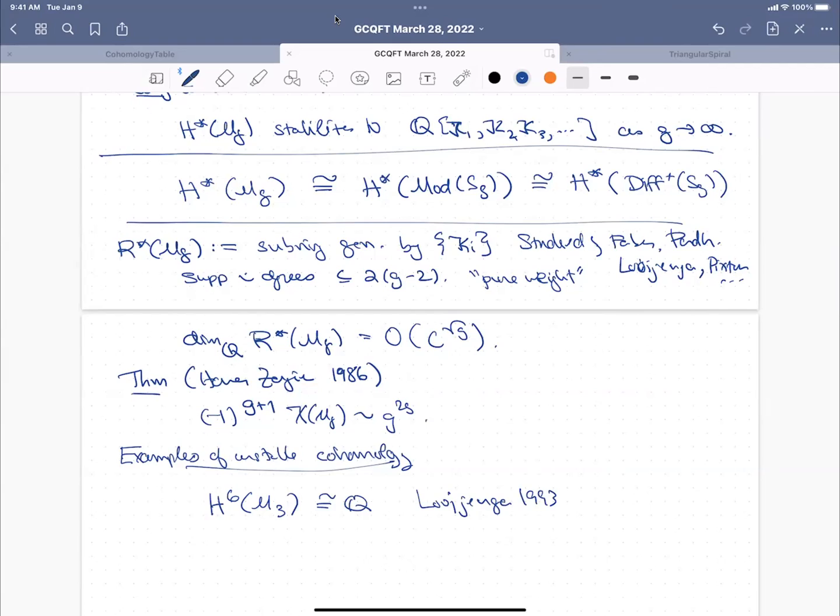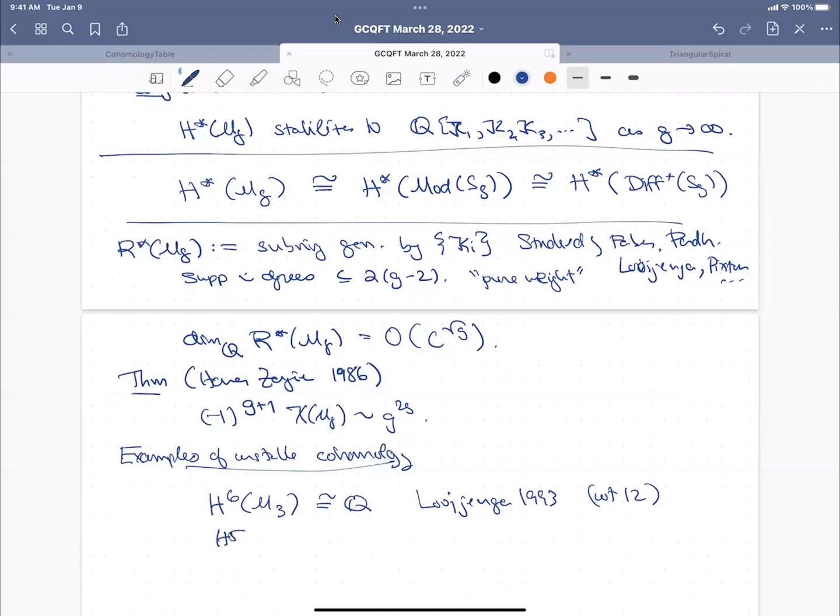So Looijenga computed the cohomology ring of M3 with its full mixed Hodge structure. This H^6 happens to have weight 12. So it's not of weight 6, and it is not a polynomial in the kappa classes. Also, it's in a degree too large for g equals 3 to be in the tautological ring.